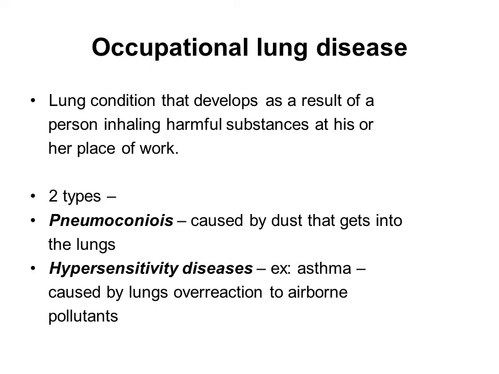So there is some response from the lung due to air pollution, or maybe in agricultural workers due to farmer's lung, due to hay, due to allergens, due to parthenium. So these are hypersensitivity reactions, and pneumoconiosis is caused by dust that gets into the lung tissue. So pneumoconiosis and hypersensitivity disease are the two types of occupational lung diseases.